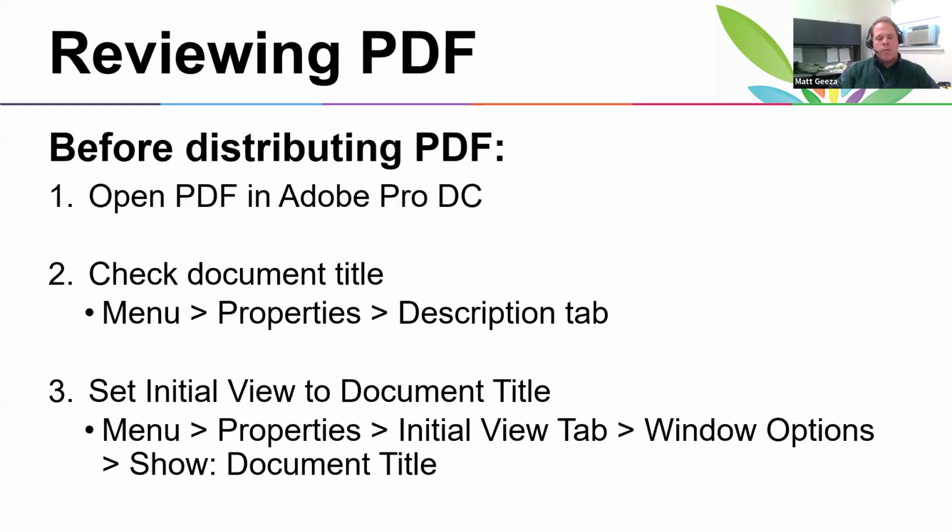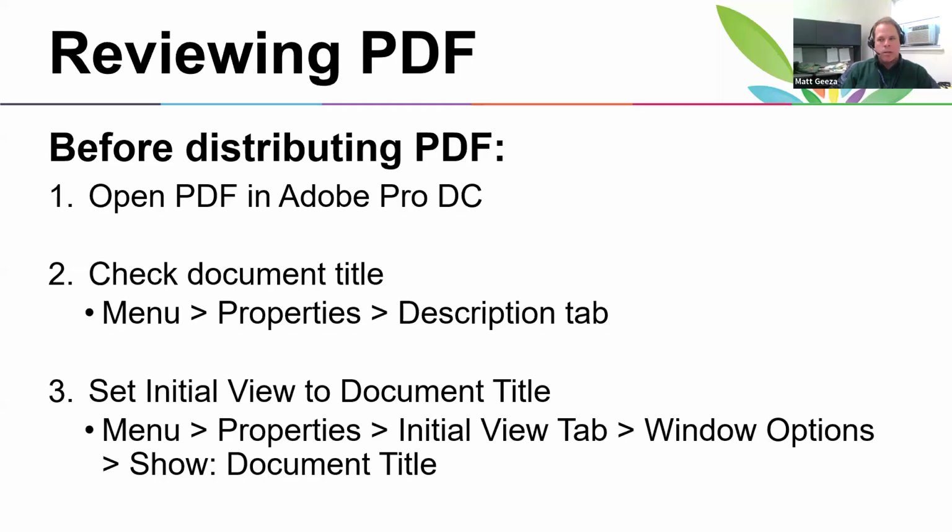And it's just a reminder, the reason why we want to have the document title is because the document title should be descriptive enough to convey what the purpose of this document is. File names don't always follow those naming conventions, so we want to ensure that somebody encountering this using a screen reader is getting the document title, not the file name.